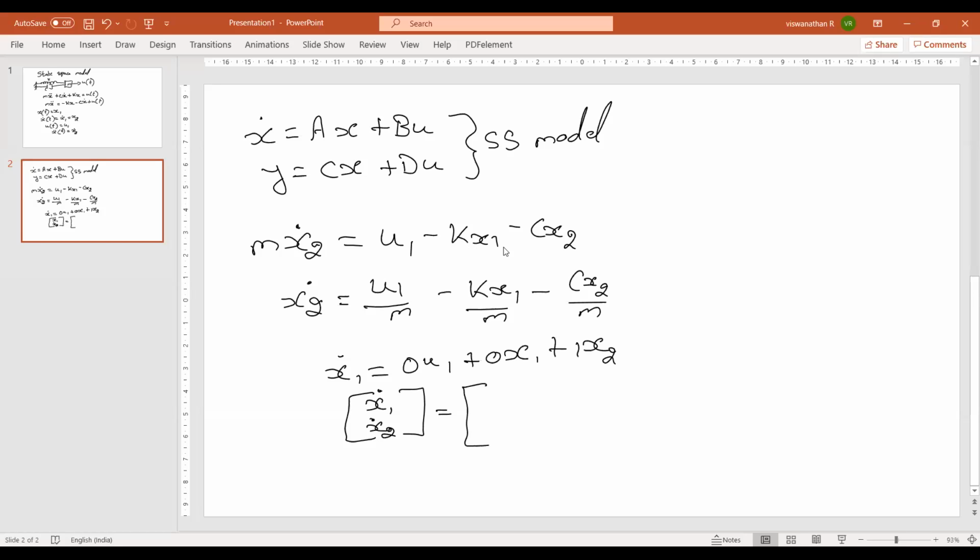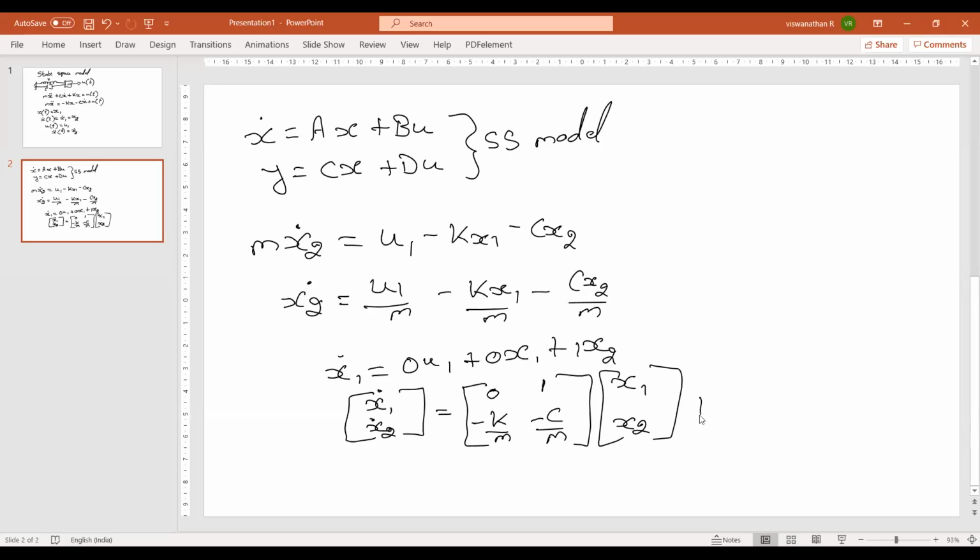For x1 dot, it is 0 x1 and 1 times x2, and this row is minus k by m and minus c by m, multiplied by x1 and x2.